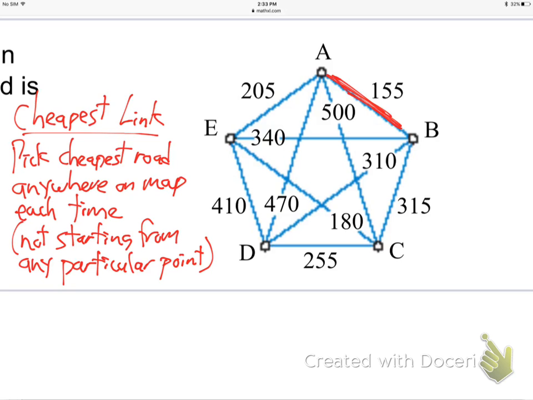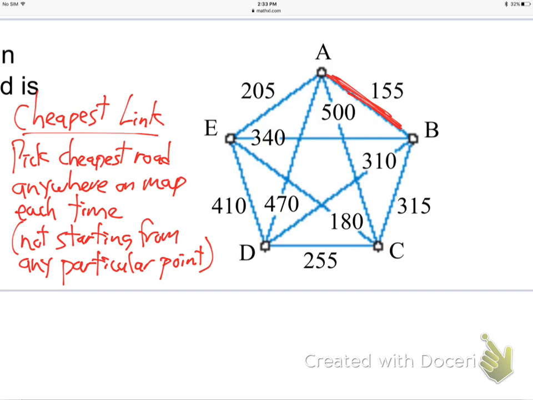What's the next cheapest road up there? Can you all tell? So 155 is first.